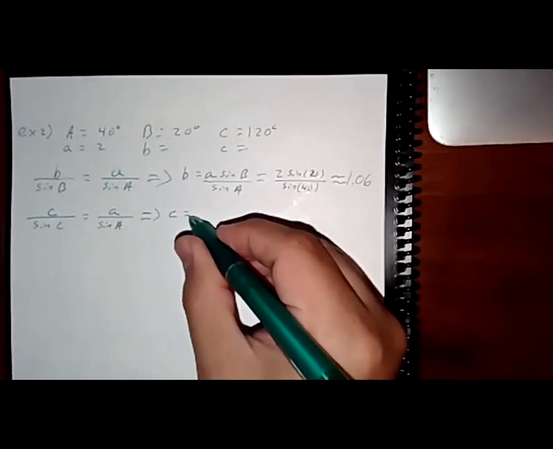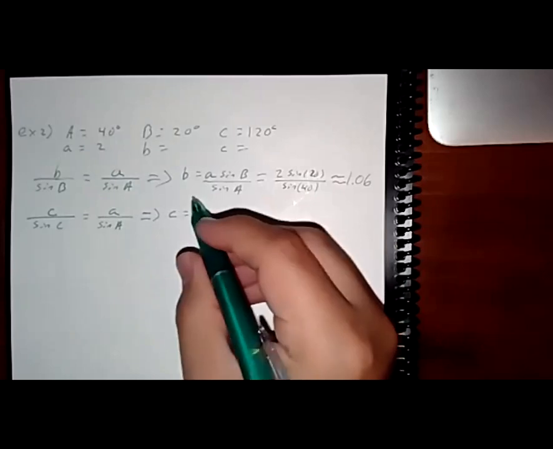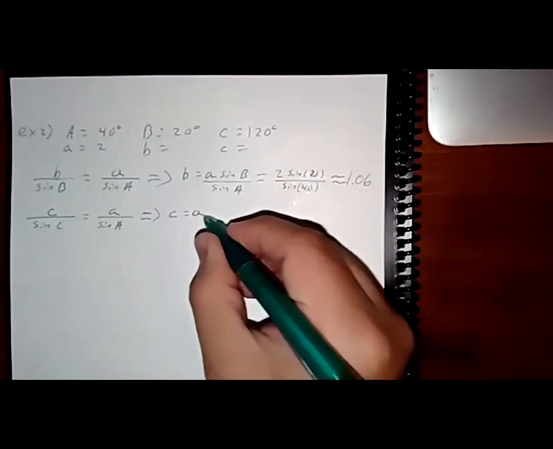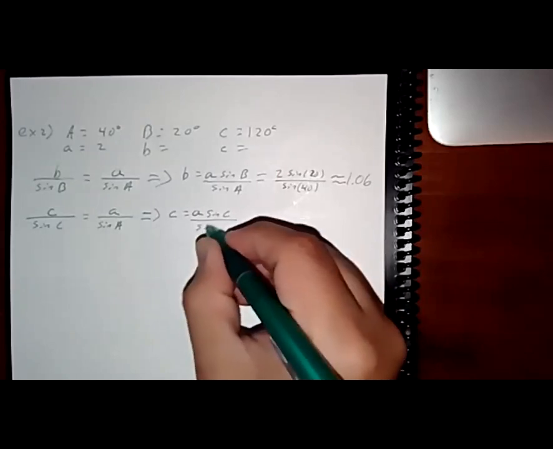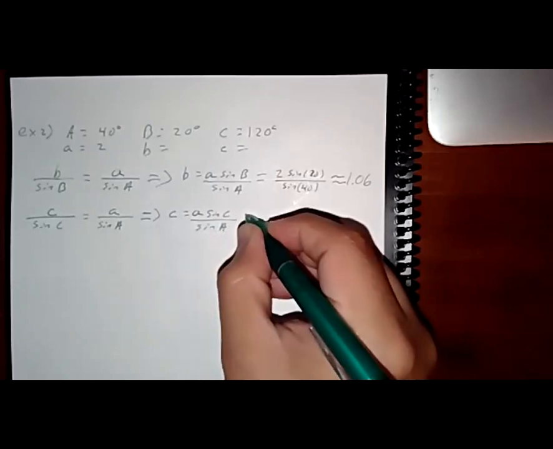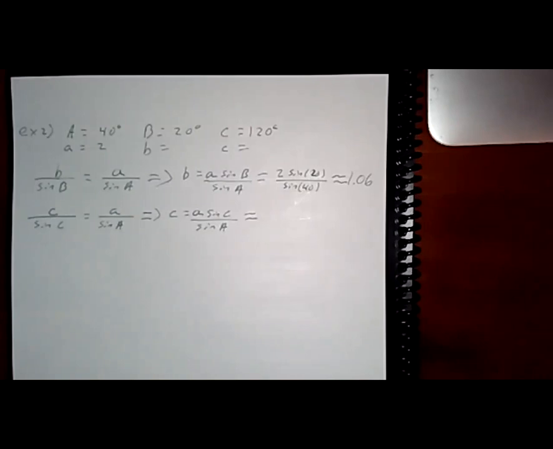The rounding will happen after this point. So little c will be equal to a sine C over sine A, which is 2 sine 120 over sine 40.